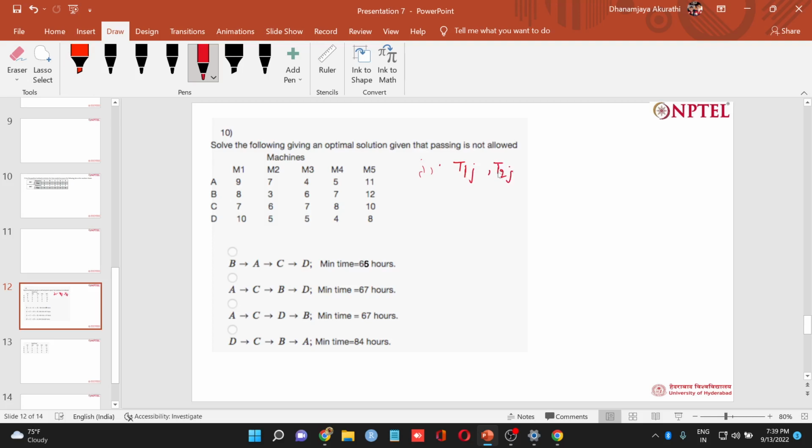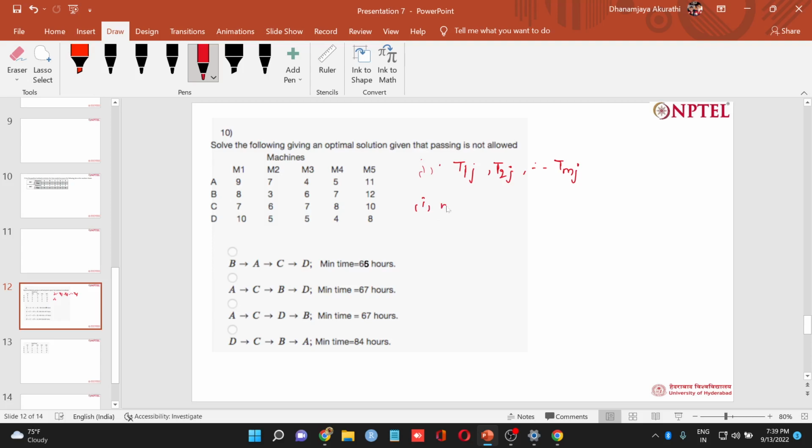Likewise, T2J is the time to do all the jobs on the second mission. Likewise, suppose there are M missions, so the time on the Mth mission to do the job J is TMJ. Then our first condition to satisfy, to convert the m missions case into the two missions case, is as follows.